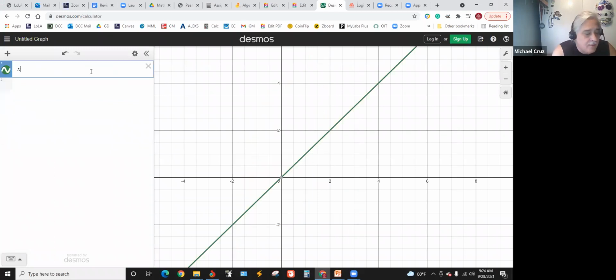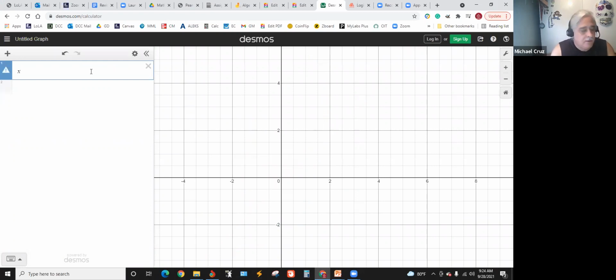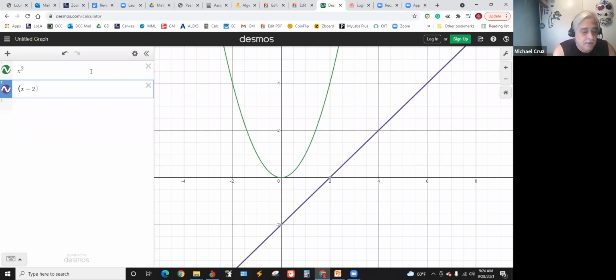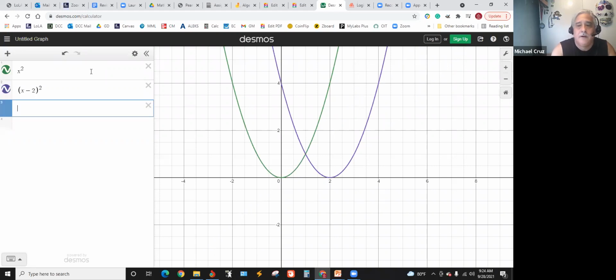Let's look at some other ones. Let's go back to the old square root function. Now what you've got to do is put it inside. All right.